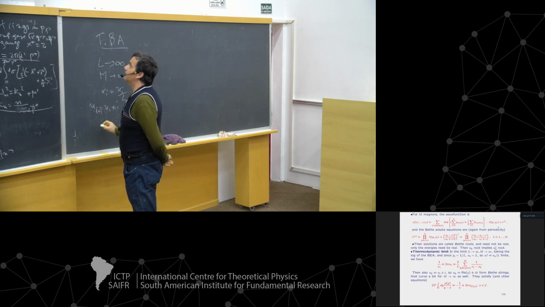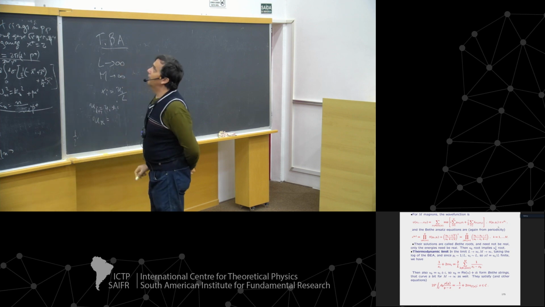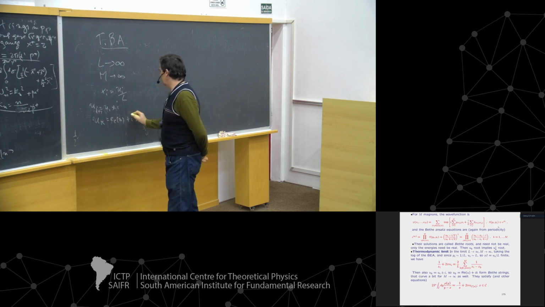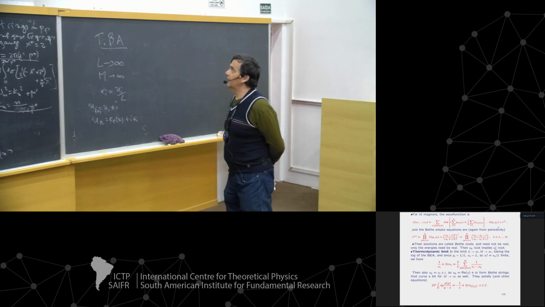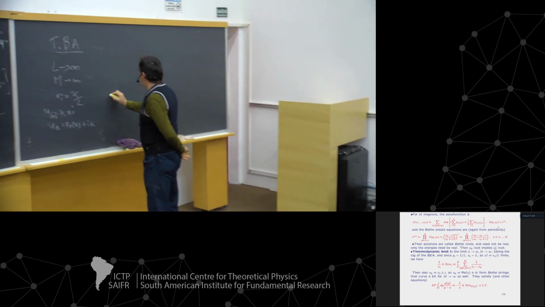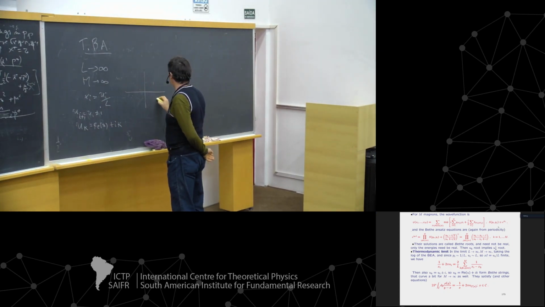So that means that, in particular, there's a real part, but then the imaginary part is i times the integer k. And so that means that these roots should be like this.